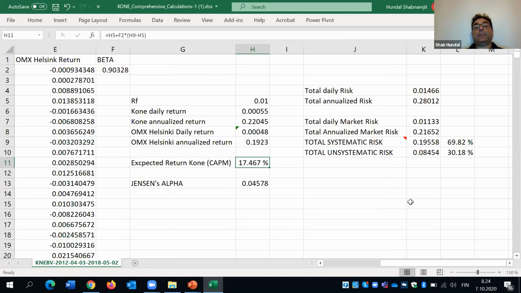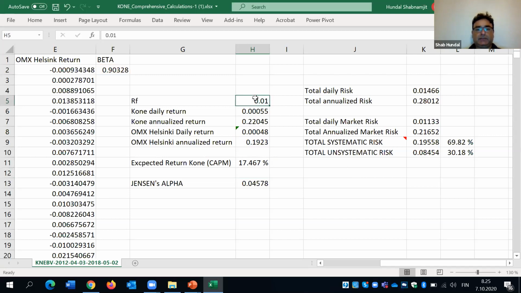It means that the minimum return which one must expect from CAPM is 17.467. And you can say that if this beta was low, let's say not 0.90 but 0.70, then this would have been lesser. And if beta is even more than 1, then the expected return would be even more.